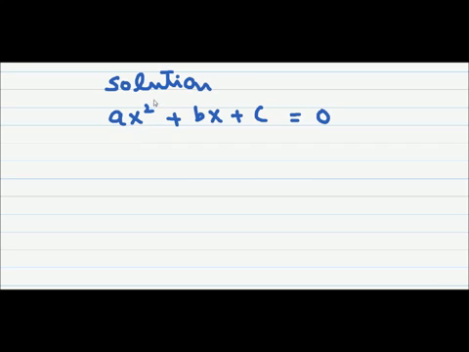The number of values that satisfy an equation is always equal to the degree of that equation. Quadratic equation is a second degree equation, so there will be two values of x that will satisfy the given equation.